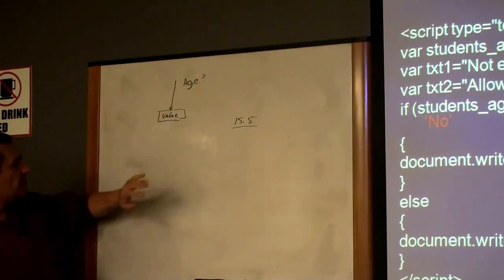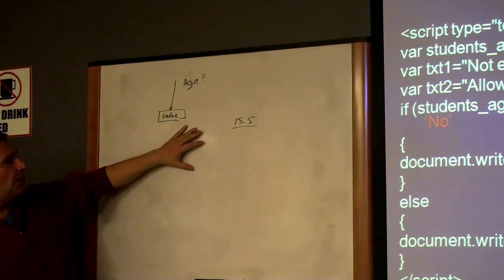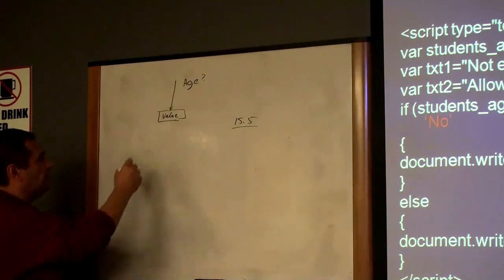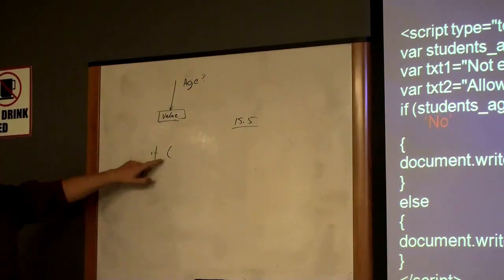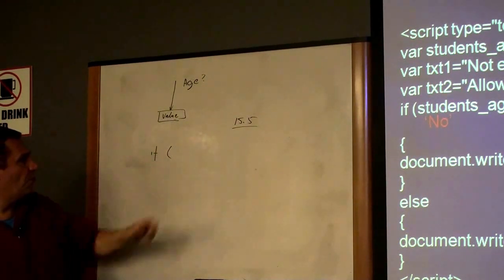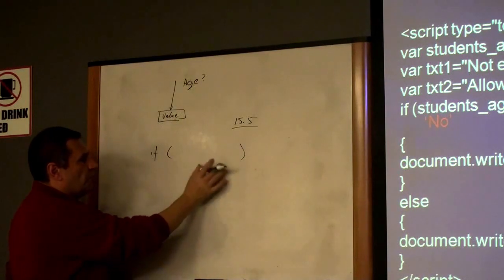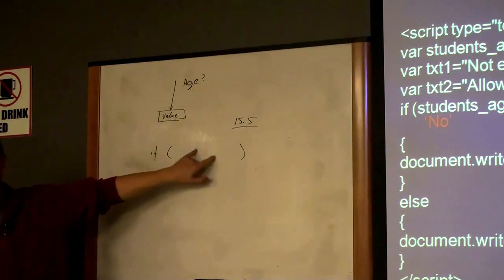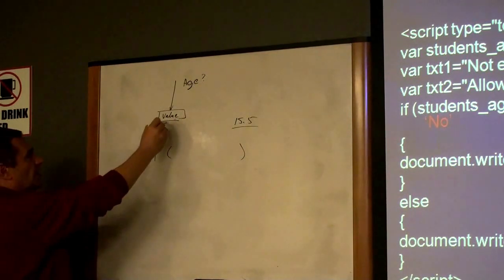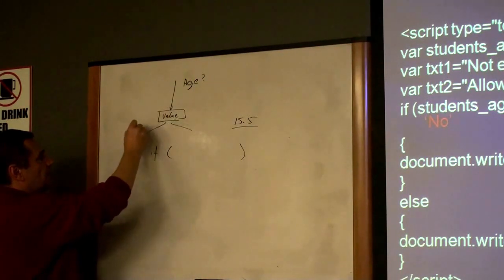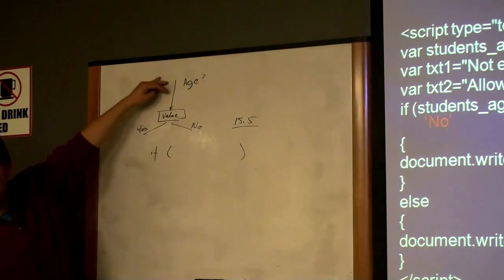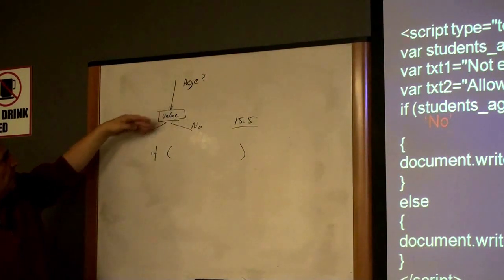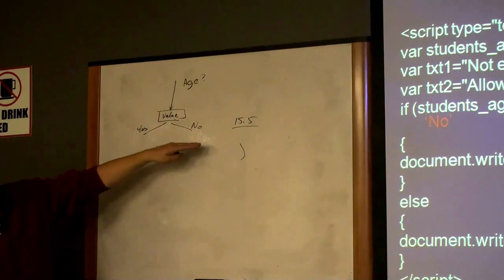So this comparison is done logically, and it's done using this special keyword which is called if. If requires parentheses to be opened, and the condition which I'm going to test will be placed within these parentheses. So essentially, we have either a yes or no answer, right? If we execute the program, the program may be executed on one of these two pathways.